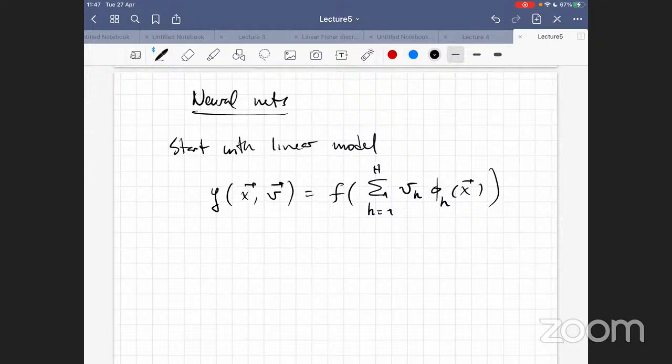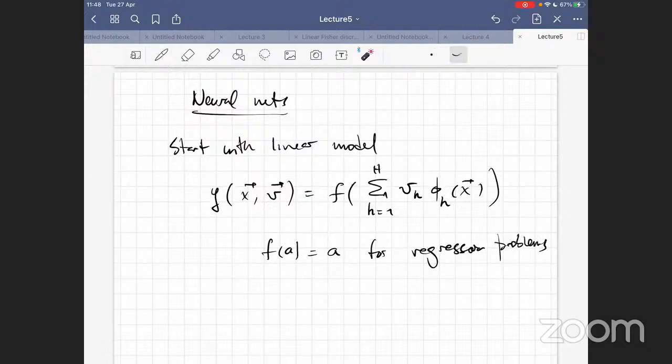Okay, then this is a generic function here. And actually, f of A is equal to A for regression problems. This is what we saw: for example, if these guys here are powers of X, this is like a polynomial.